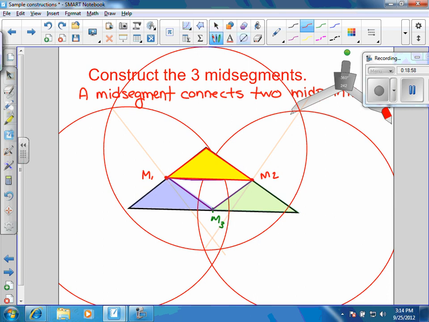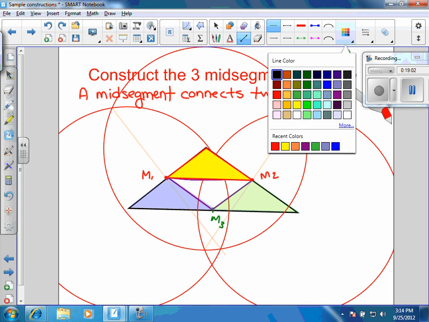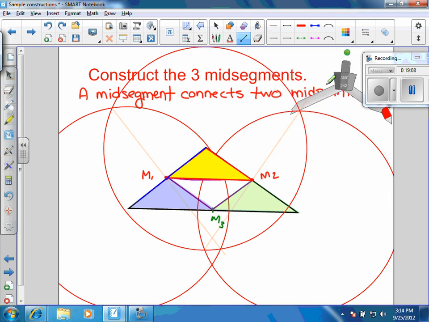So if you took a line, let's look at, say, that line here. If I look at the slope of this line, and I just pick it up and move it, it should match up pretty well with the mid-segment if my construction's done well. So later, we use mid-segments for a lot of other properties.